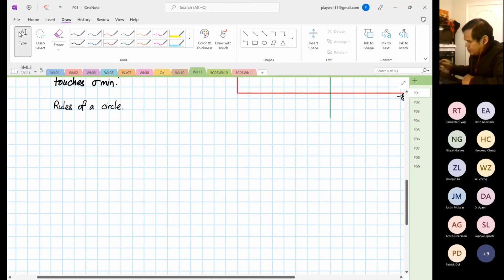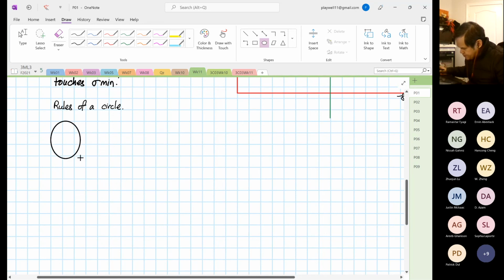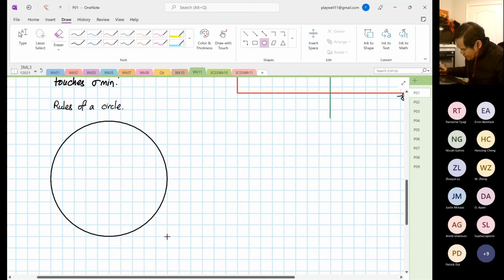Okay, so when I specify, what do I mean by the rules of the circle? So now, if you were to draw a circle, like what I'm doing now. Okay, this looks like a circle to me.